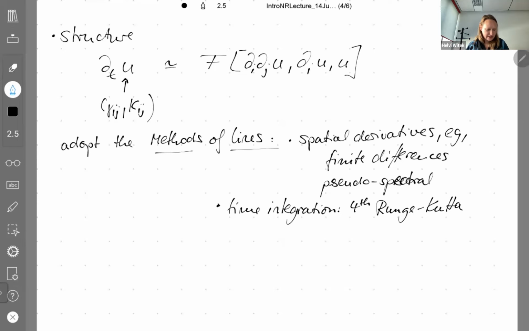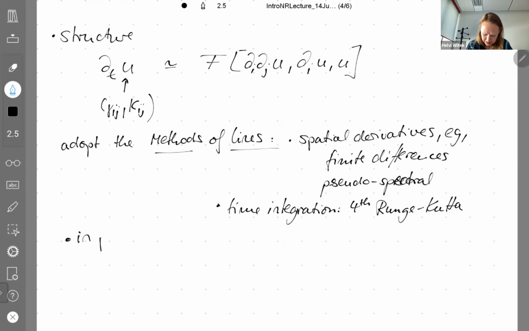Good. And in practice, what we do, we prescribe our initial data on the initial slice by solving the constraints, and then freely evolve that initial data in time. And we only monitor, recompute the constraints at each time slice to benchmark and check our implementation. Good. Maybe let me just write this down.